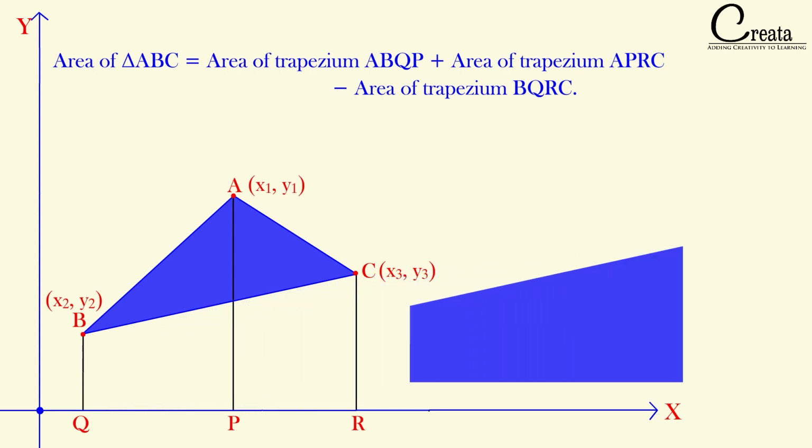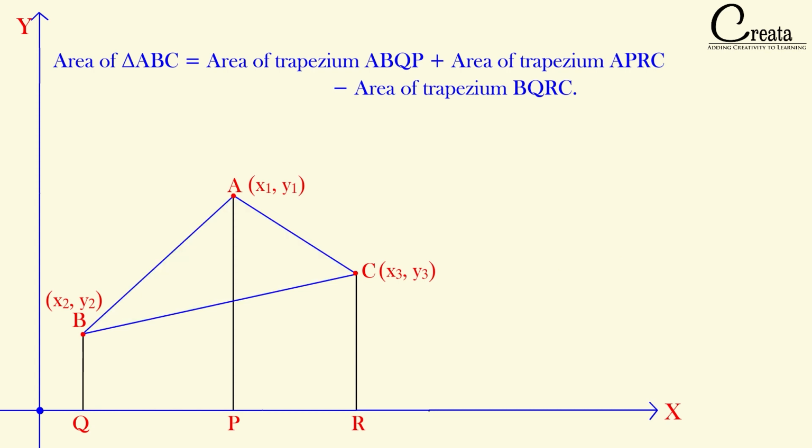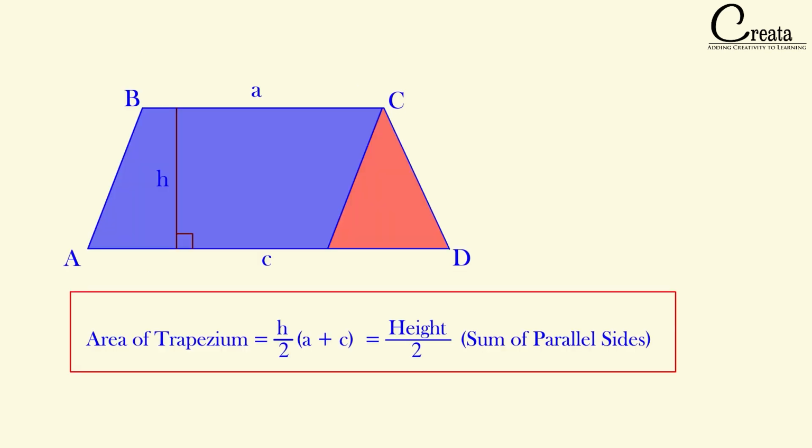By doing so, we can get the area of the triangle ABC. Are you able to visualize this equation? So basically the fundamental is that for calculating the area of the triangle, we have to calculate the area of the trapeziums. And we have already done the formula of area of the trapezium, which is equal to half into the sum of the parallel sides into the distance between them. This is the formula that we have covered in area and perimeter.